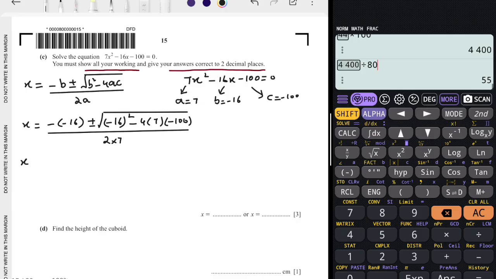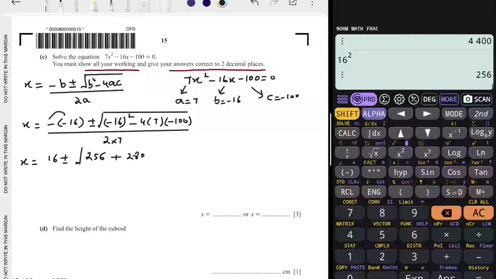So x is equal to plus 16 plus minus square root of, square of minus 16 would be equal to 256, and minus minus plus, so it would be 4 sevens are 28 into 100, it would be 2800, and square root divide by 14.